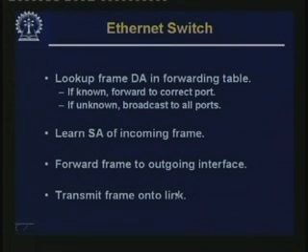Next comes the Ethernet switch, which is perhaps the most common type of switch that you see almost everywhere. As a matter of fact, the number of Ethernet switches which are being put to use almost regularly is so high that the cost of these switches has also come down, because if you produce something in very large numbers, you can amortize the cost of its development, etc., over a large number of switches.